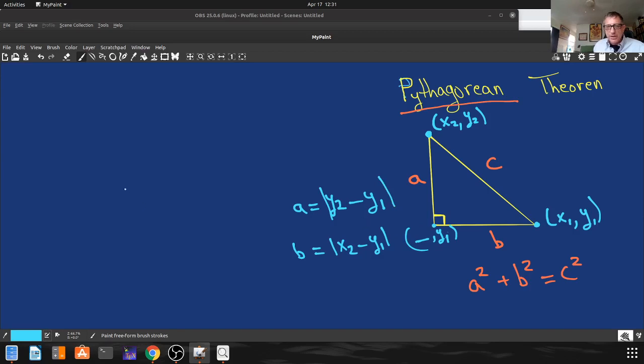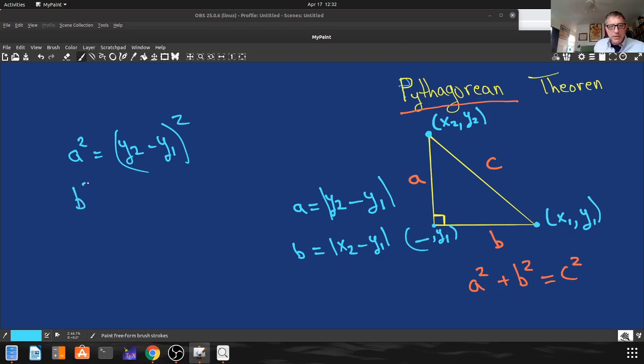So that's the difference. So A squared is going to be y2 minus y1 squared. And I don't have to worry about the absolute value signs, because if this is either positive or negative, when I square it, it's going to give me my positive.